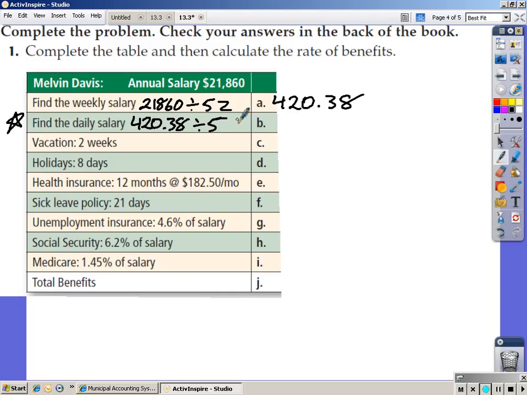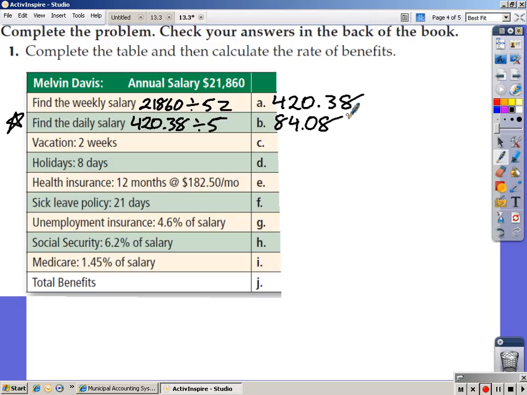I know a lot of people like to take the annual and divide it by 365. The thing is, you don't get paid for the weekends. You need a few days off. So 420.38 divided by 5 is 84.08.